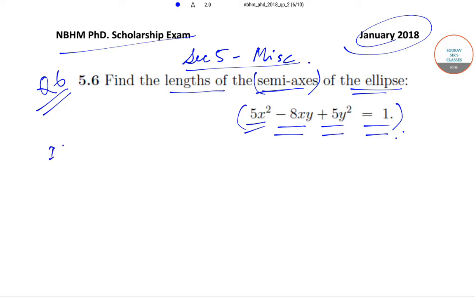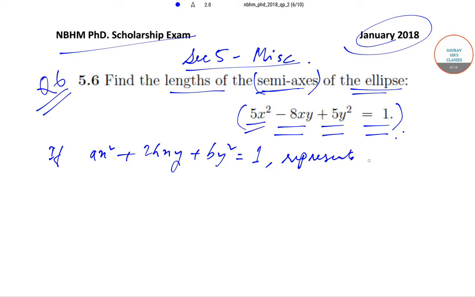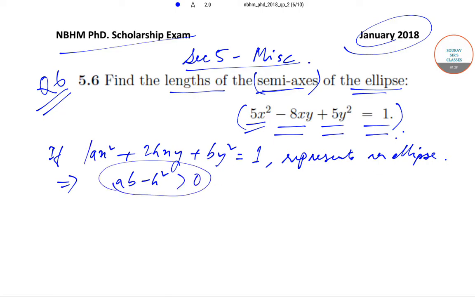So if ax square plus twice hxy plus by square equal to 1 represents an ellipse, then that implies that ab minus h square is greater than 0. This is the condition for this particular equation to be an ellipse. Okay, this is the condition.